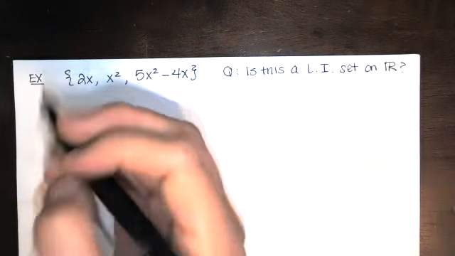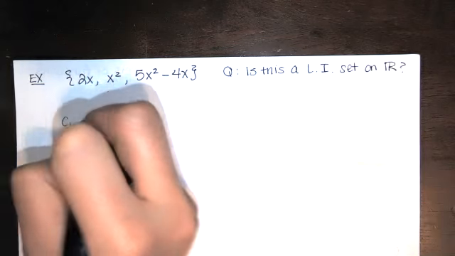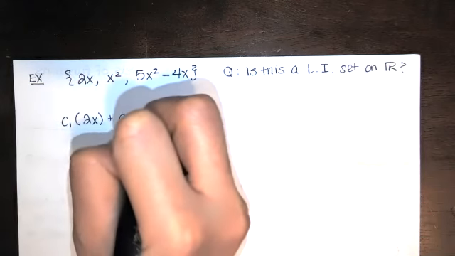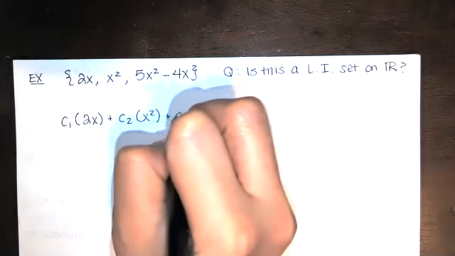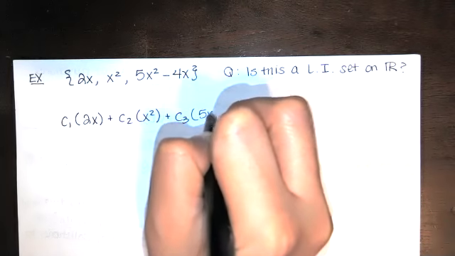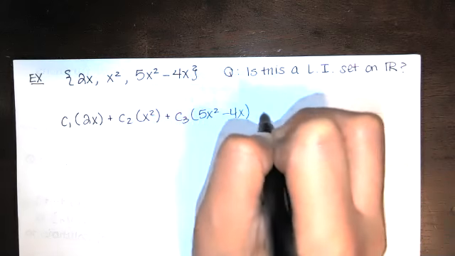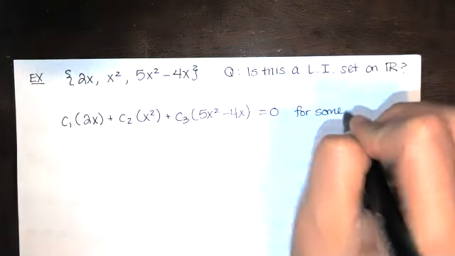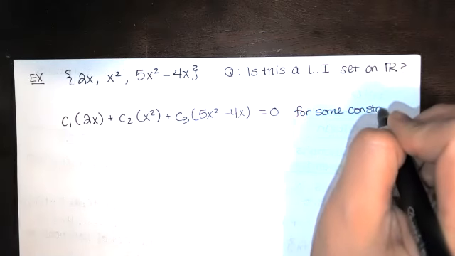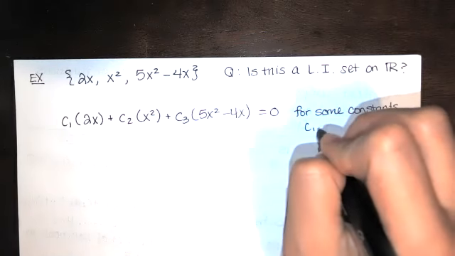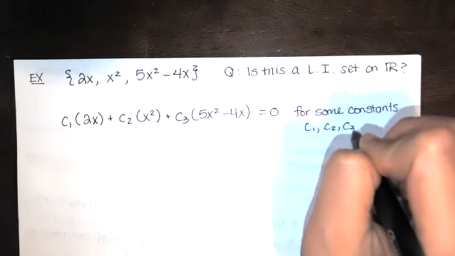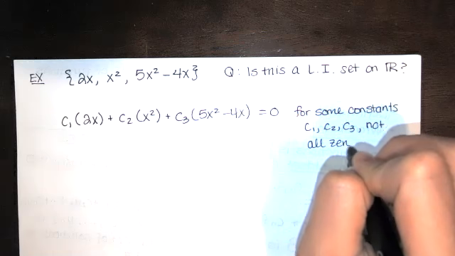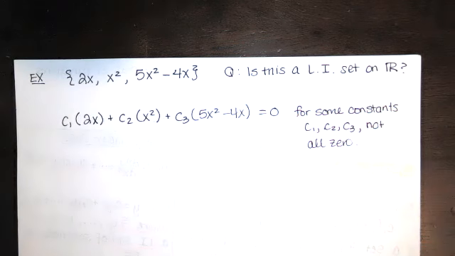Now let's prove it just using the definition. So I need to choose constants C1, C2, and C3 such that I get a 0 here. The question is, can it be done?